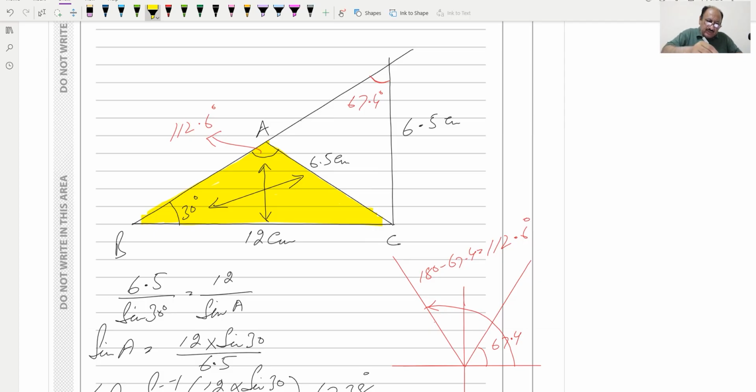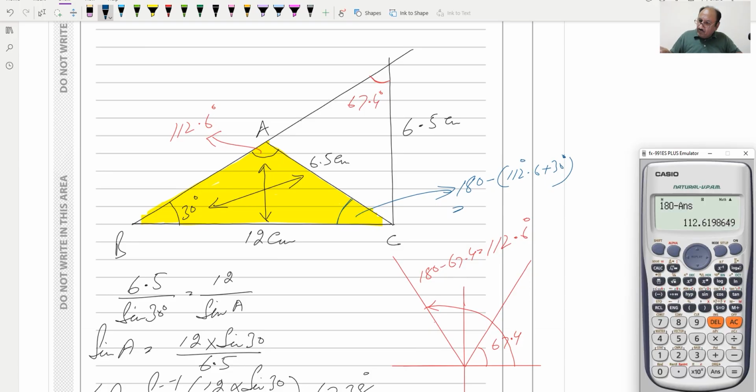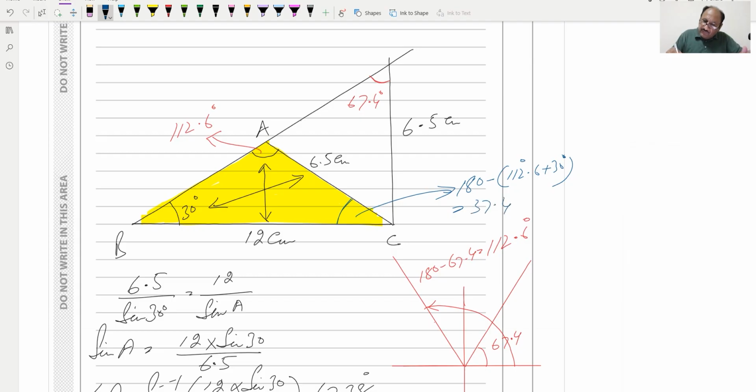We can find this third angle, and this angle will be equal to 180 minus 112.6 plus 30 degree, and this is equal to 37.4 degrees.